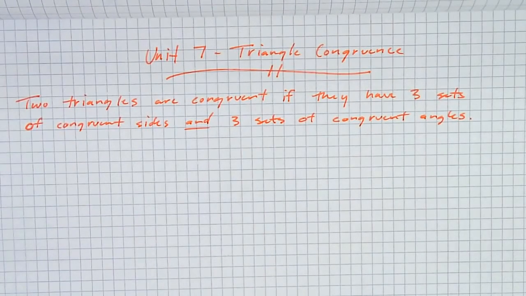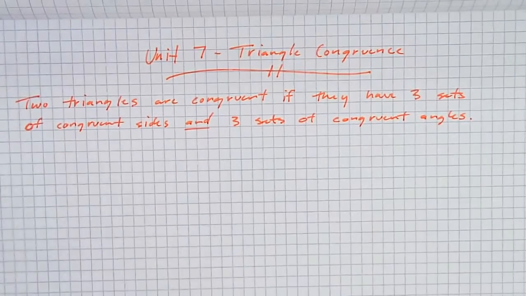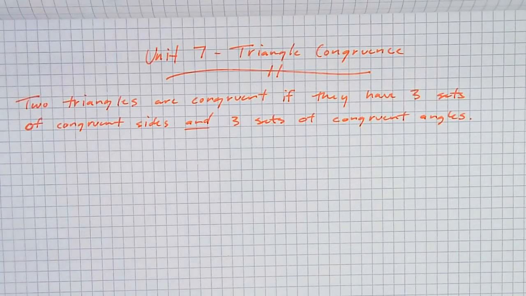State that two triangles are congruent if they have three sets of congruent sides and three sets of congruent angles. Congruent meaning equal or the same.